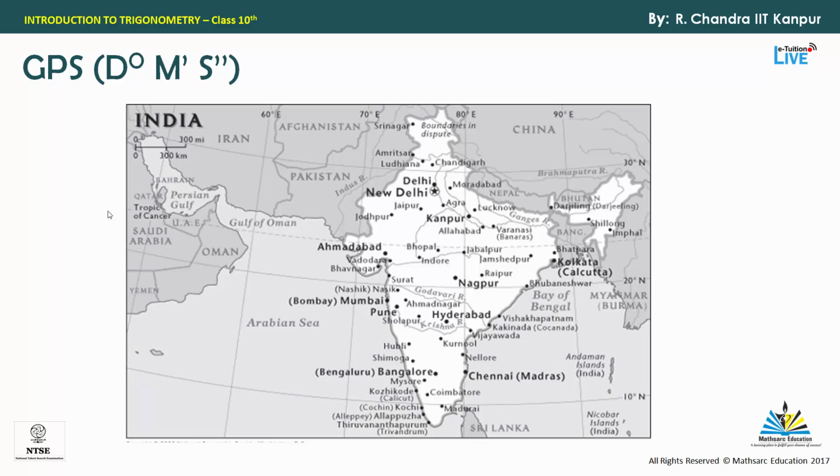As you can see, these are the latitudinal lines and these are the longitudinal lines. Pune is less than 20 degrees at the latitudinal position and more than 70 degrees at the longitudinal position. That's why we were getting 18 point something as the latitudinal position and 73 point something as the longitudinal position.